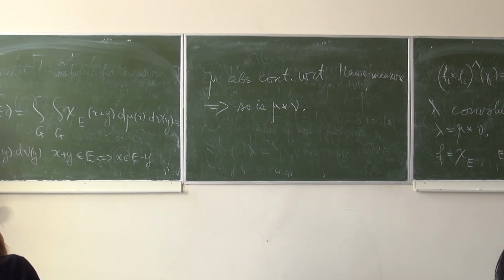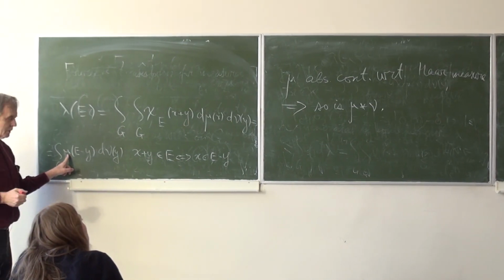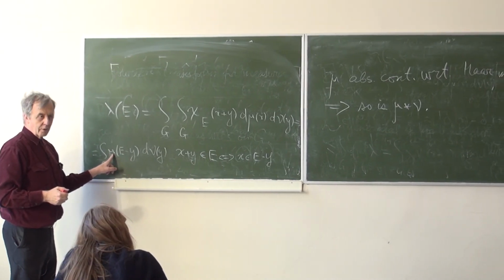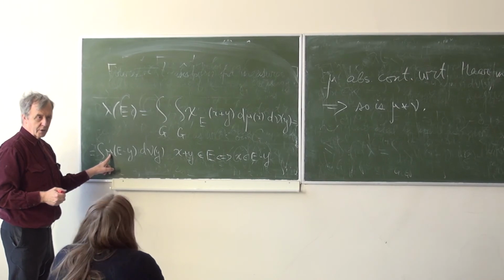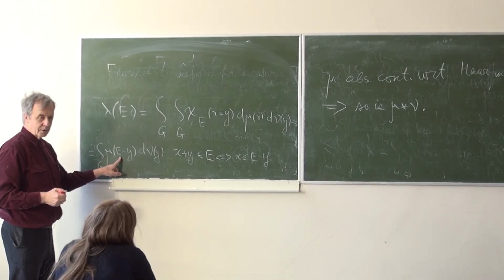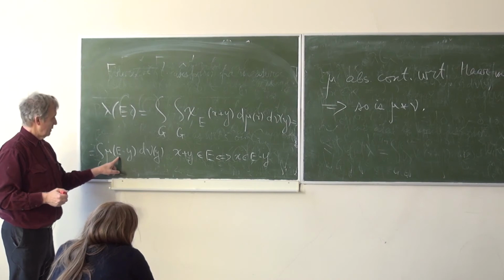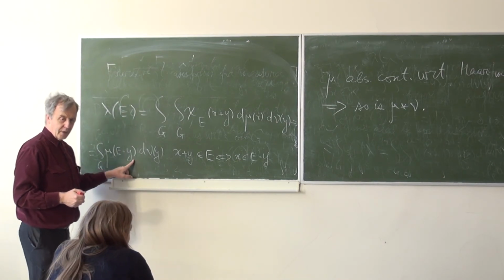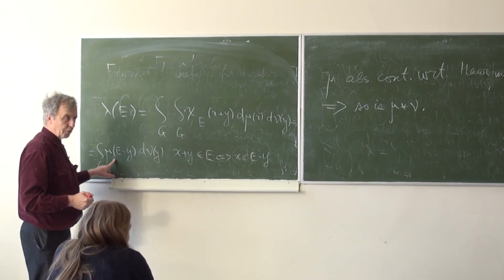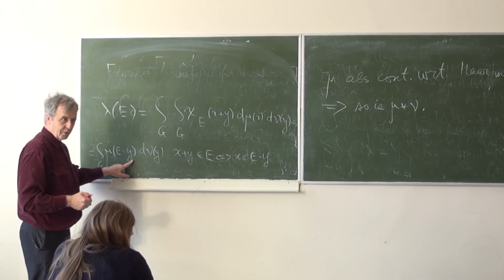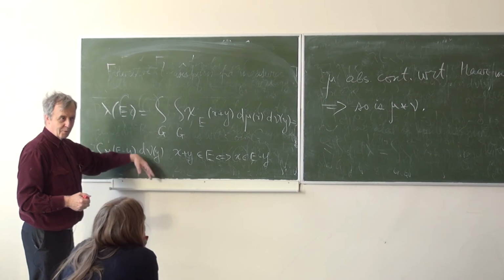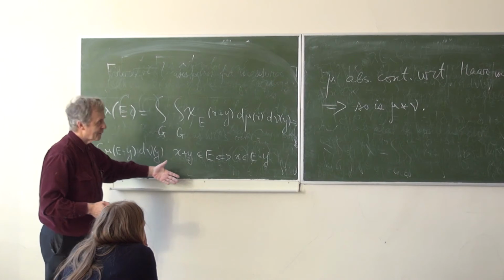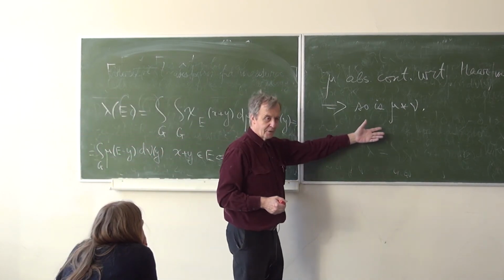Well, if mu is absolutely continuous with respect to the Haar measure, then it is equal to 0 on each set of Haar measure 0. So take for E a set of Haar measure 0. Then the shift by y of this set also has Haar measure 0. Since mu is absolutely continuous, this is also 0. Then this is 0. So the convolution is 0 on each set of Haar measure 0. So it is absolutely continuous.